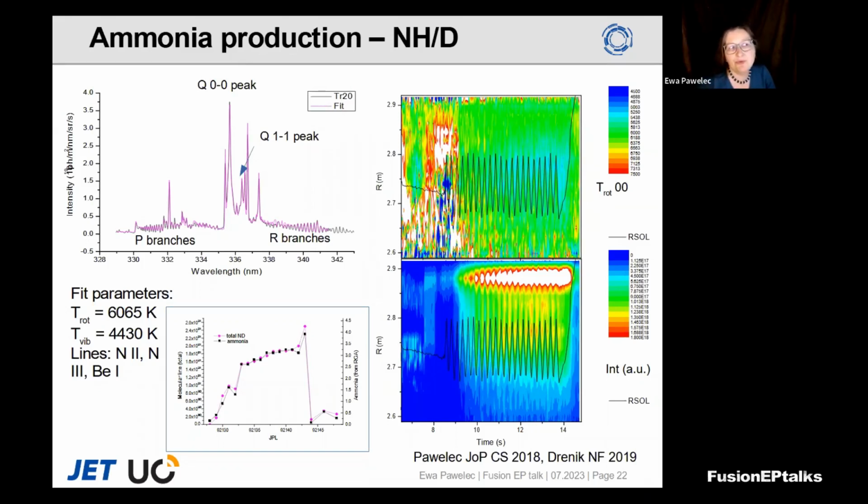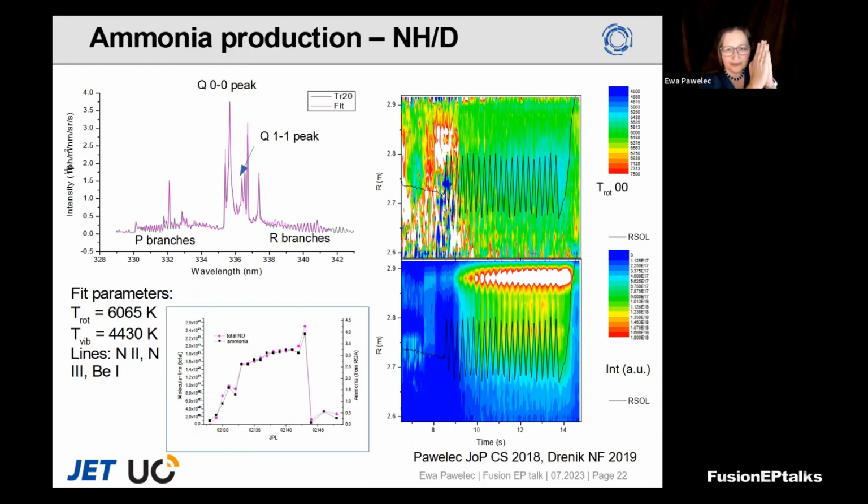One thing, if you are interested: with N2 plus, you can also get different molecules there. There is also the CN molecule, if you have carbon anywhere. But this is for N2 plus, not for NH, not for N2.